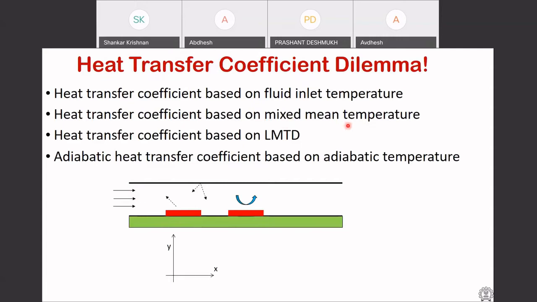Should it be the mixed mean, which is the bulk temperature, when you take a slice and do a bulk mixing, essentially enthalpic mixing there? Then the third definition is LMTD, often referred to as the log mean temperature difference. Should I use the log mean temperature difference as my reference temperature? And the last one is the so-called adiabatic heat transfer coefficient based on adiabatic temperature. We'll discuss what the adiabatic temperature is in this context.